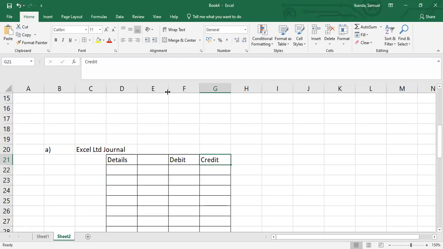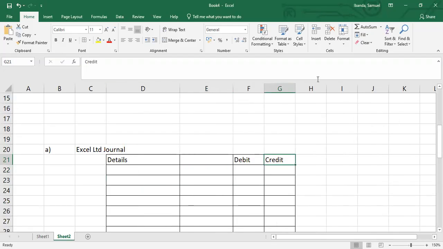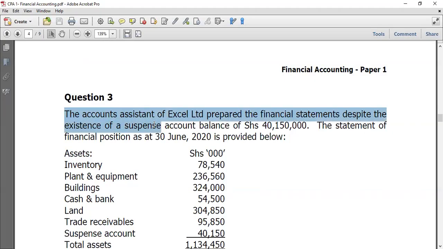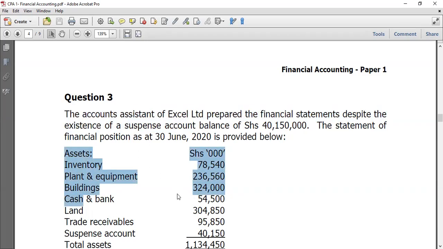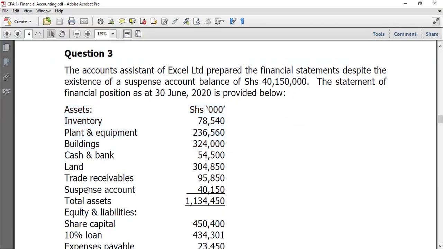So I'm going to have something like this, what I'm going to play with, as you're going to see. I usually love to do this alongside each other because it helps me save time. Like I said, the reason why they have given you this balance sheet or statement of financial position is for you to know where your balance for the suspense account is.